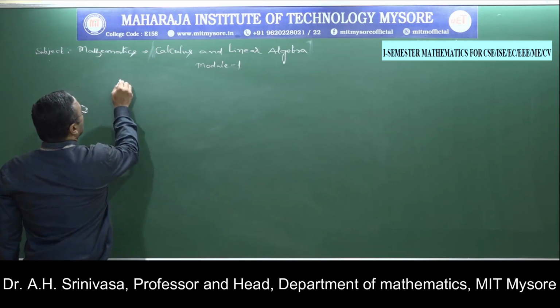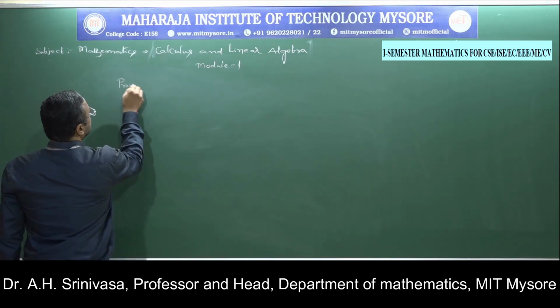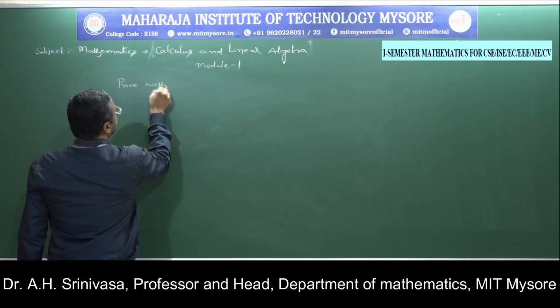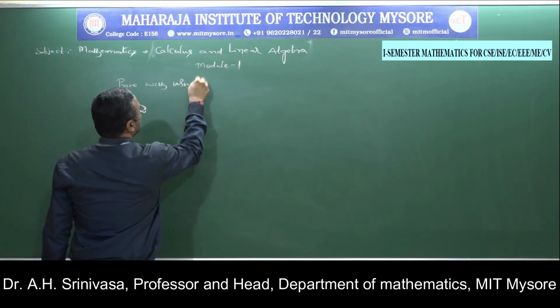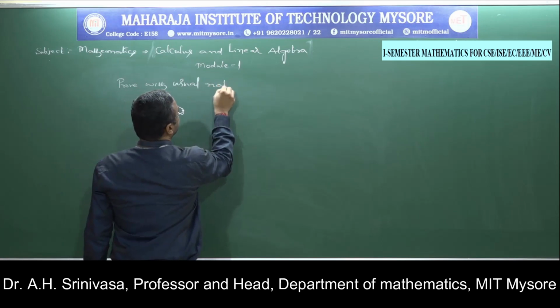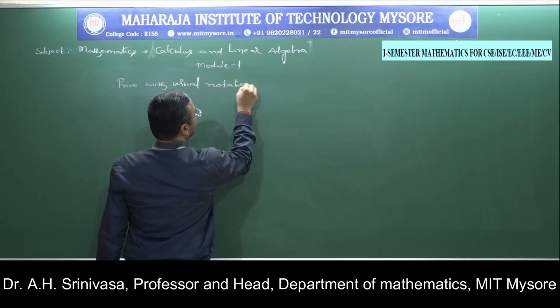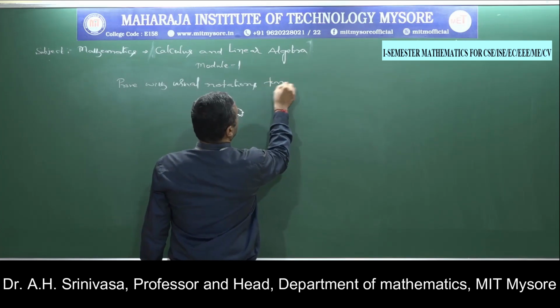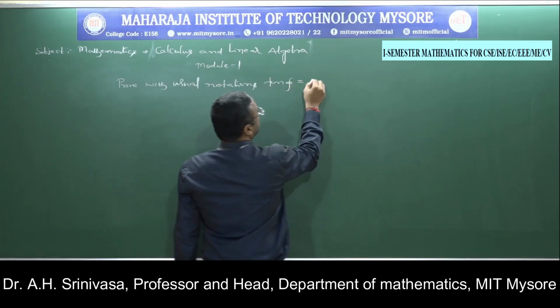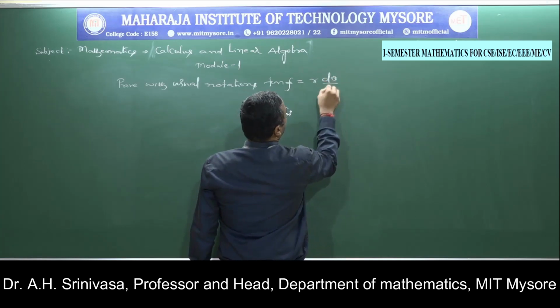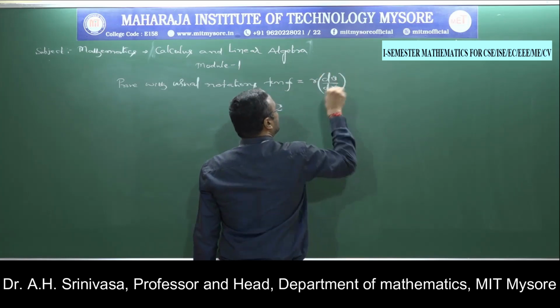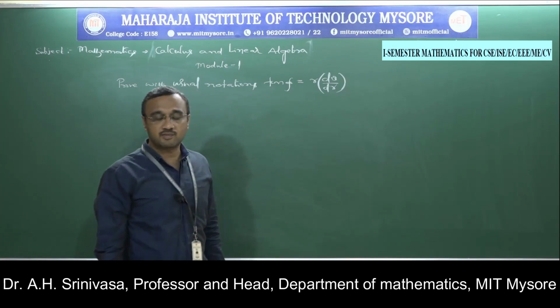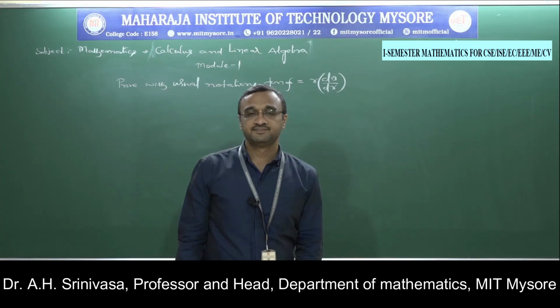Prove with usual notations that tan phi equal to r into d theta by dr. This is one format of the angle between radius vector and the tangent.